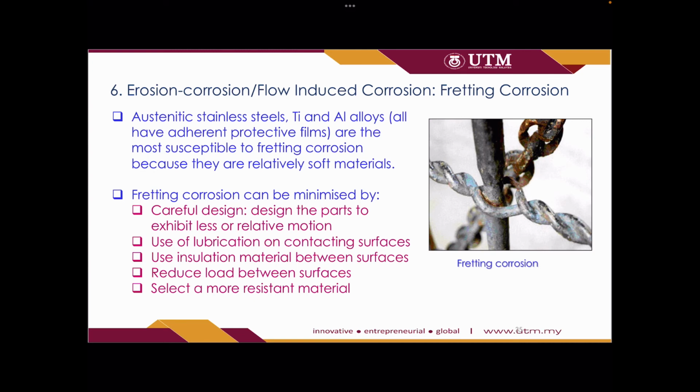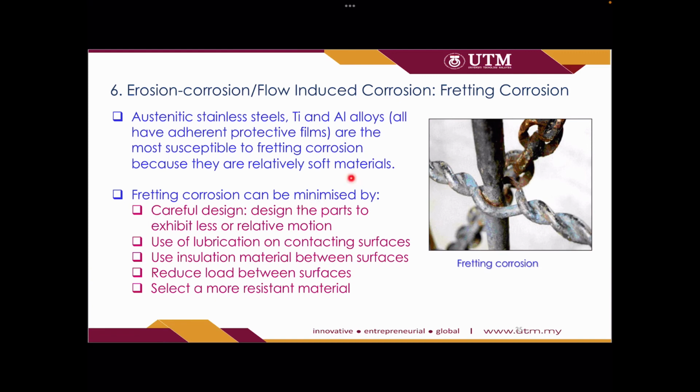Austenitic stainless steel, titanium and aluminum alloy, basically they have adherent protective films, the oxide layer: titanium oxide, aluminum oxide, or chromium oxide. These kinds of metal are the most susceptible to fretting corrosion because they are relatively soft materials.